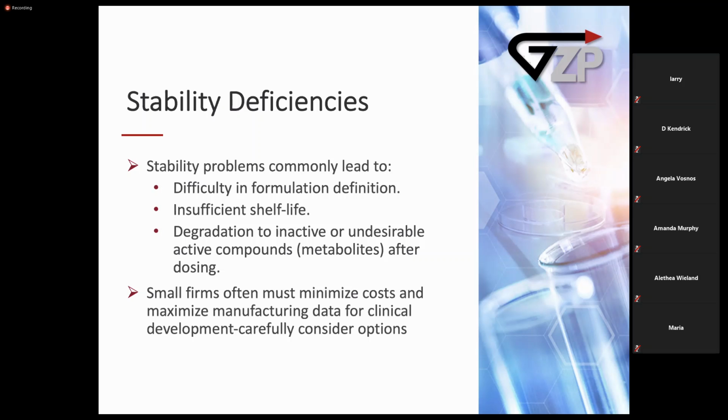And the cost of analytical data being generated periodically, your long-term stability, has to be balanced against your need and desire to get into the clinic before your hair turns long. So again, this is all part of the equation in determining your best move forward.